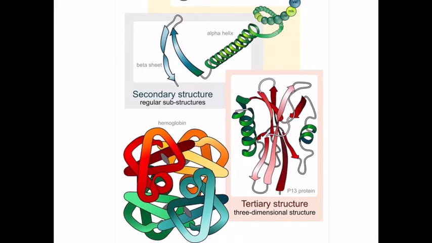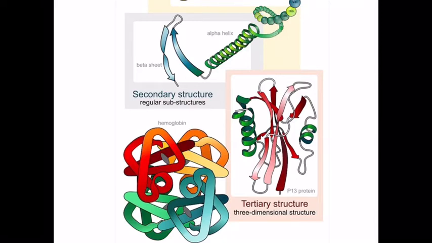Maybe they're side by side, or at perpendicular angles to each other. We form a very distinct three-dimensional shape, again based on how the side groups of the amino acids are interacting. Are they repelling each other? Are they attracting each other? Are they creating a straight line? A curved line? That gives us our tertiary structure.